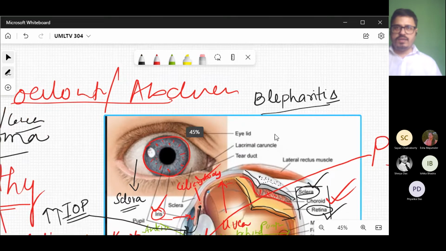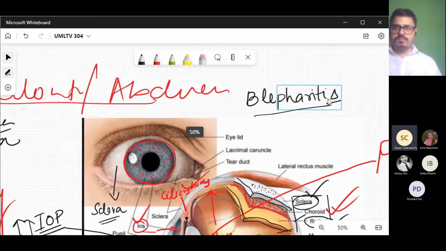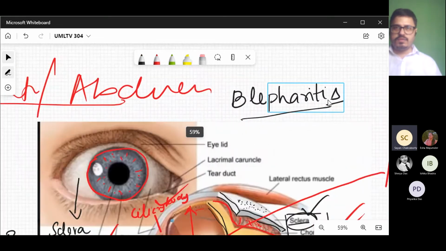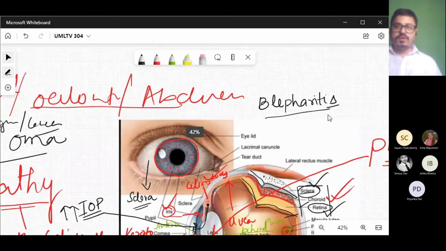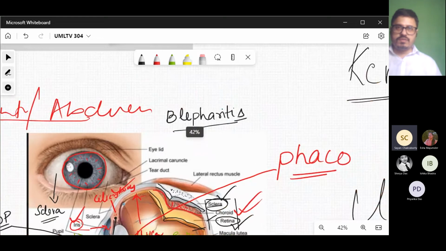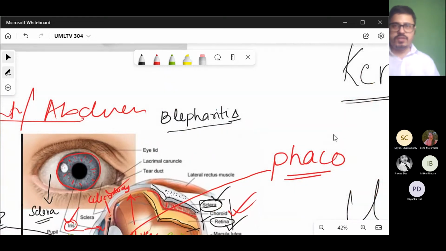Try by looking into this term. Sir, can it be blephar? Yeah, you're very close. That will be blepharo. The prefix would be blepharo. Correct.